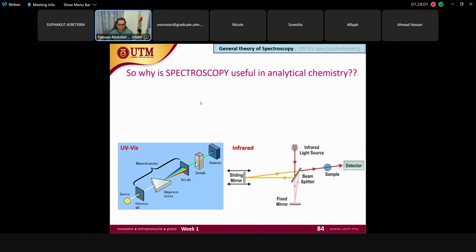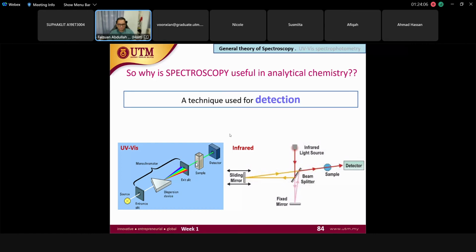So why is spectroscopy useful in analytical chemistry? Because it is a technique used for detection. Now, in analytical chemistry, we are dealing with any methods to detect or analyze how much, or what is inside the sample. So spectroscopy is useful because it is a technique used for the detection, in this case, for the analyte inside the sample.